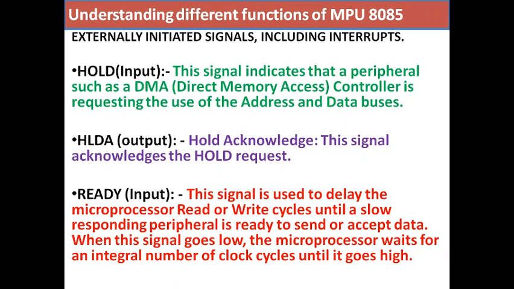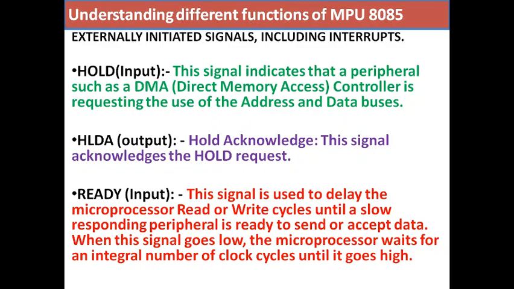Okay, the next one is READY. Now sometimes very slow devices are connected to microprocessors. The microprocessor is a very fast device. So if a slow device is connected, then the data transfer between the microprocessor and the slow device can be a problem.